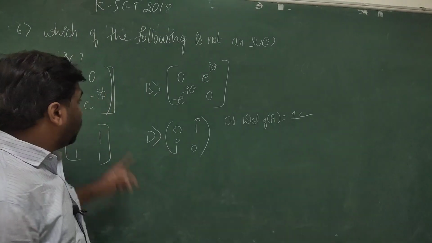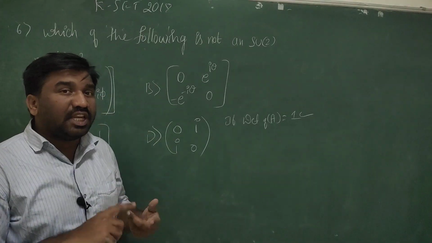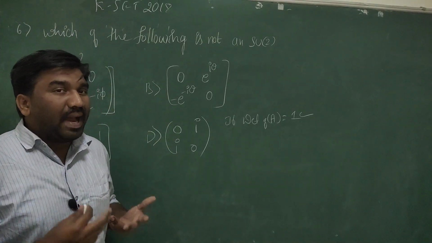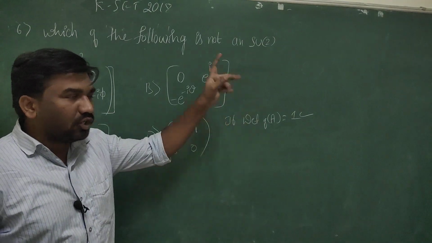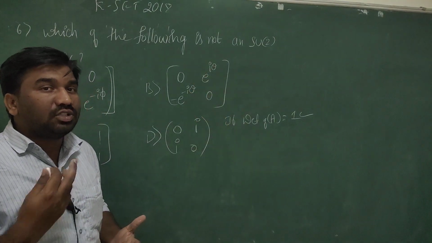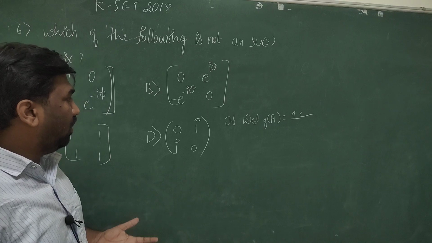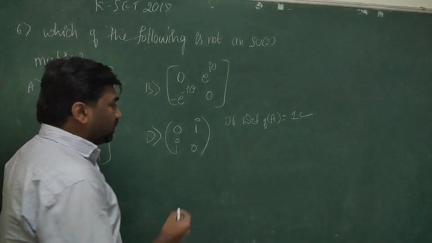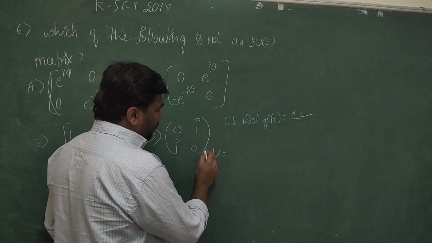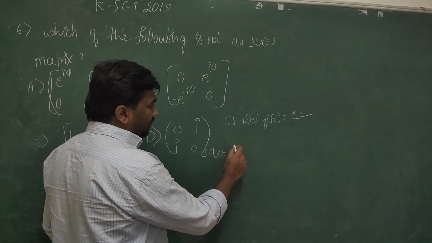If one or more matrices in the given options have determinant equal to 1, then we have to move on to the next property, that is, the special unitary matrix.